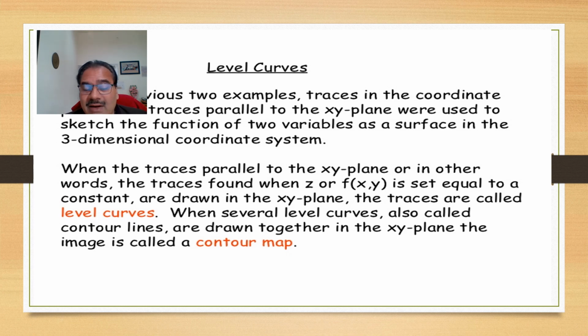When the traces parallel to the xy plane, found when z equal to f of xy is set equal to a constant, are drawn in the xy plane, the traces are called level curves. Several level curves are also called contour lines. What do we call this? Contour lines drawn together in the xy plane; the image is called a contour map.